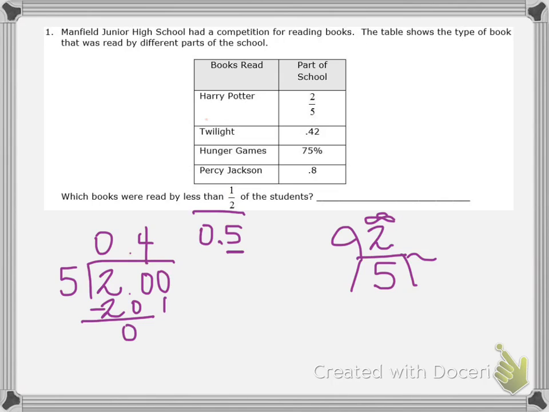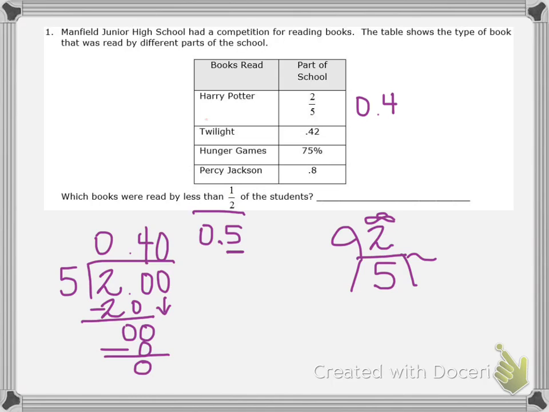Subtract, I get 0. Bring down my 0. 5 goes into 0 0 times. 5 times 0 is 0. I have a remainder of 0. Okay, so 2/5 is equivalent to 4/10 or 40 hundredths.